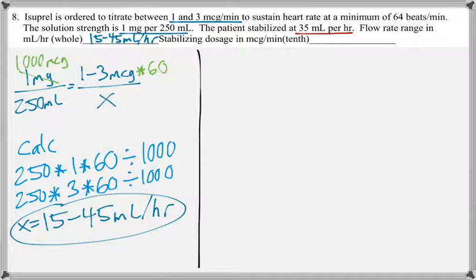So they want to know what the stabilizing dosage is in mcg per minute. So I need to set up a proportion with the stabilizing dosage and the solution strength.